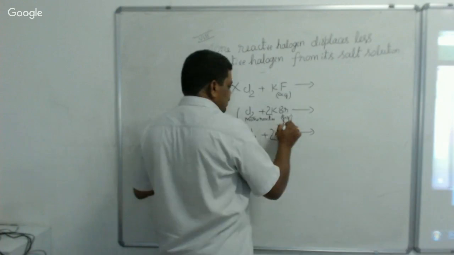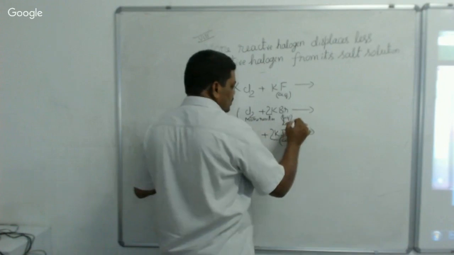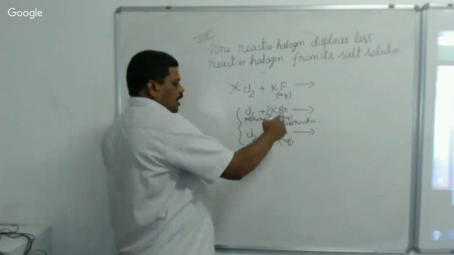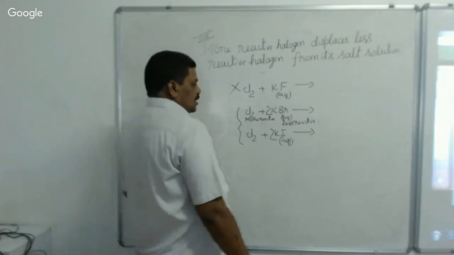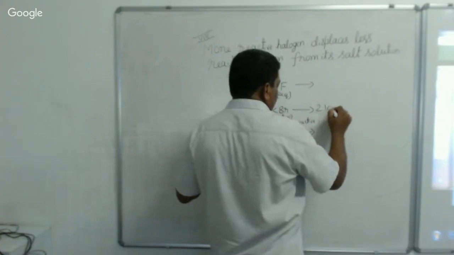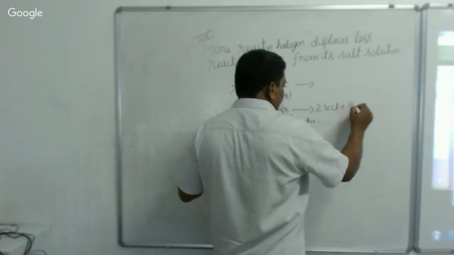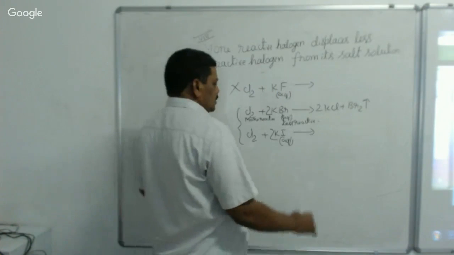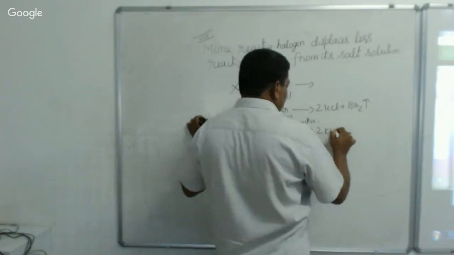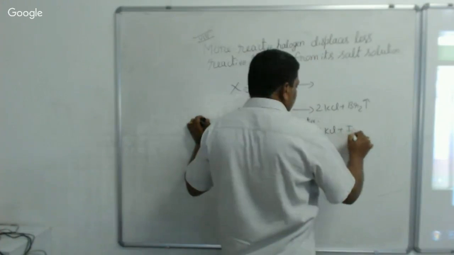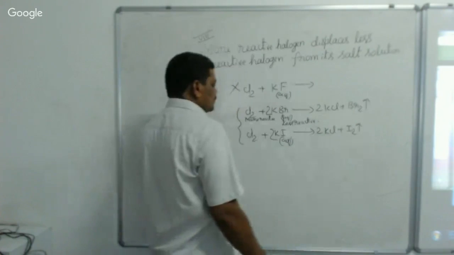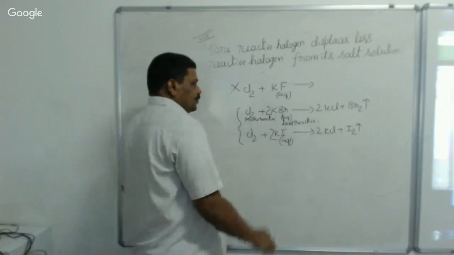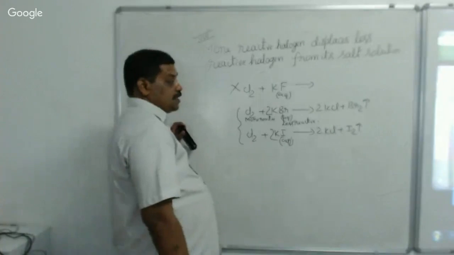Bromine is less reactive. More reactive halogen can displace less reactive halogen. So here bromine is liberated. Here iodine is liberated. So chlorine can displace bromine and iodine, but fluorine can displace all three.